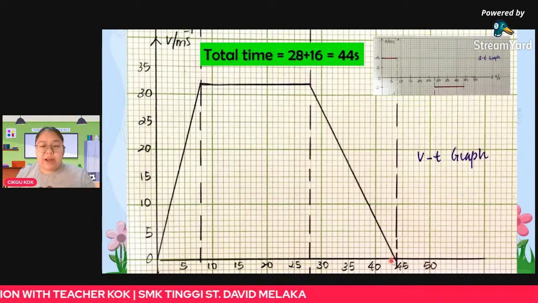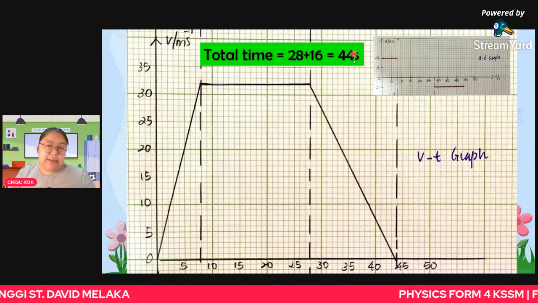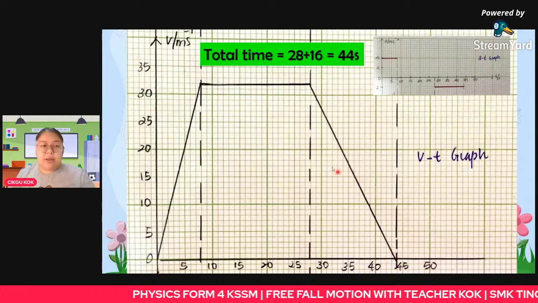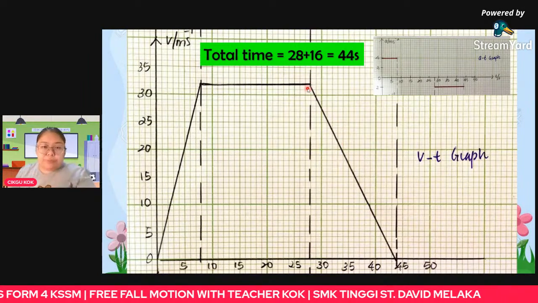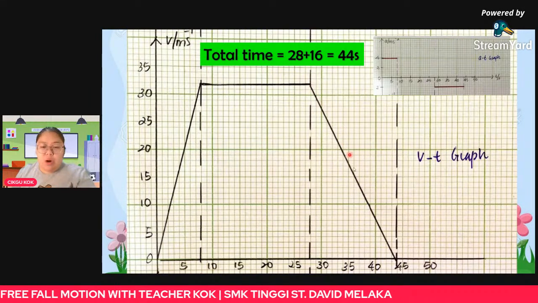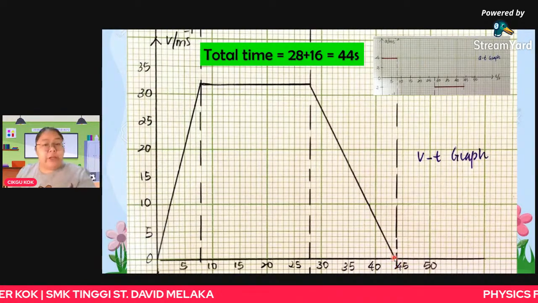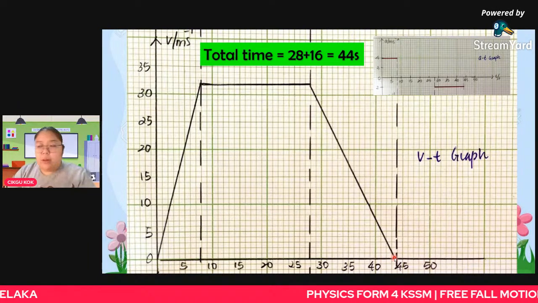From here, I need to find the time. Just now we found the time is 44 seconds. So until 44 seconds, before that is 44. So you have 32, you just drop, 32 you drop until 44. Then we finish. So this one is the graph for the VT graph.